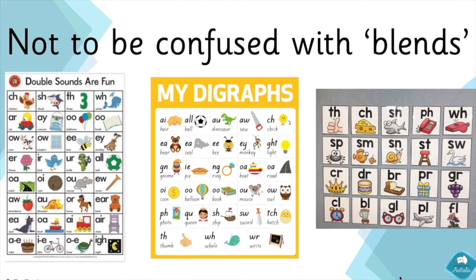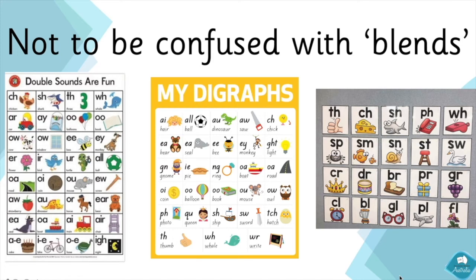And even if you go down the poster, you can see some other things that are incorrect, like the IGH is making a long I sound, and it's got three letters, so I'm not really sure how it fits into double sounds are fun. Another one that I found, which looks absolutely amazing, beautiful font, beautiful pictures, called My Digraphs.